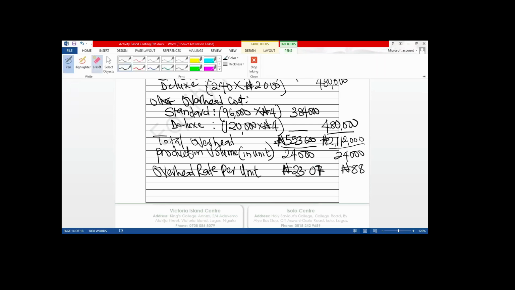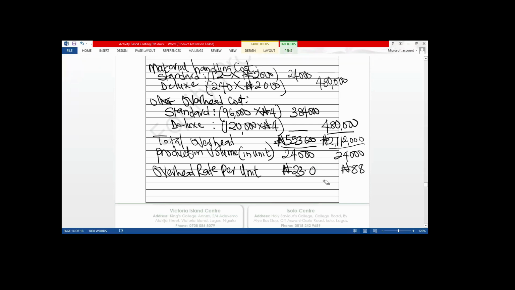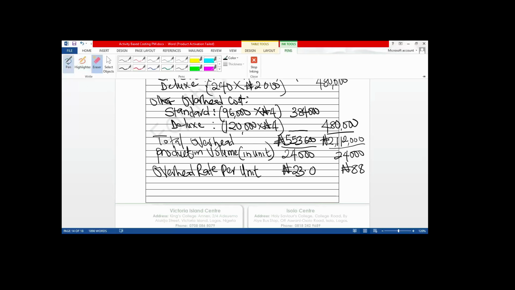We are done with it. So please, you have to try to interpret the question to yourself. Examiner says calculate overhead rate per unit.